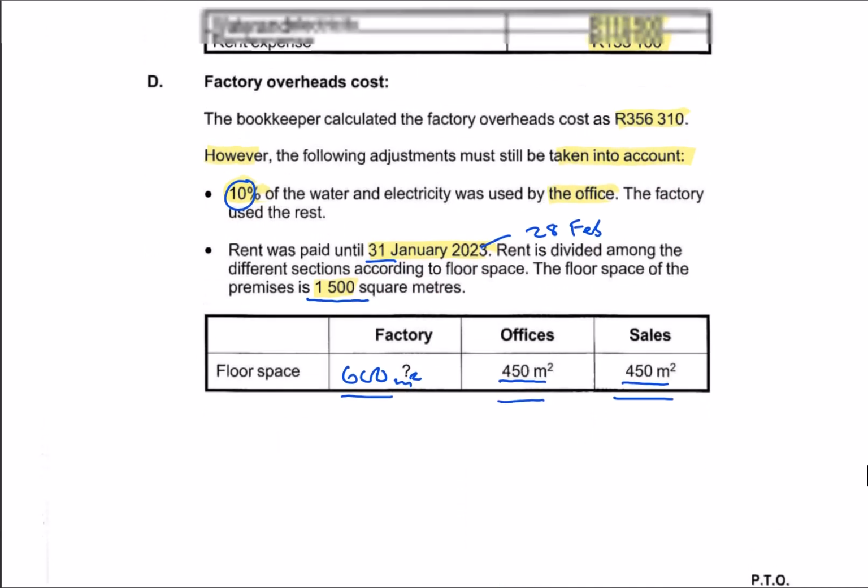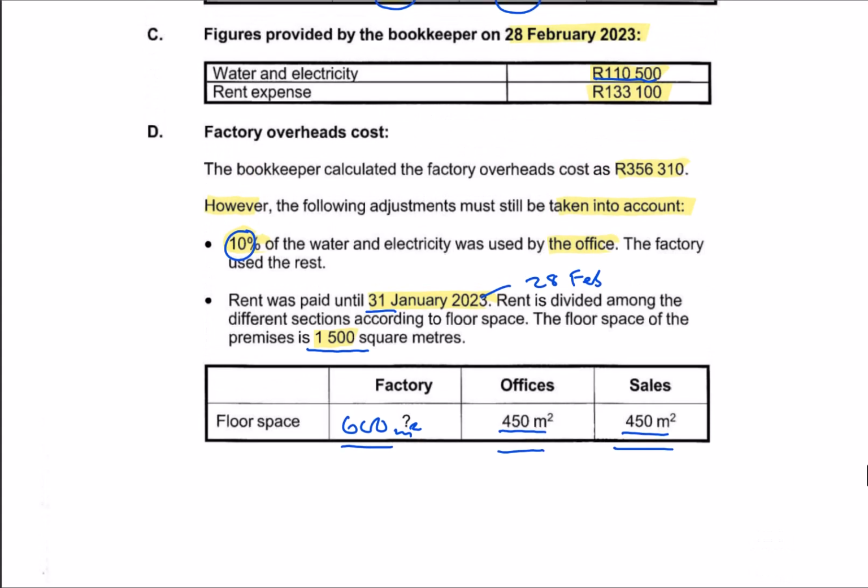So the 133,100 is for 11 months. So 133,100 divided by 11, because up to that month is 11 months. That's the rental per month, 12,100.